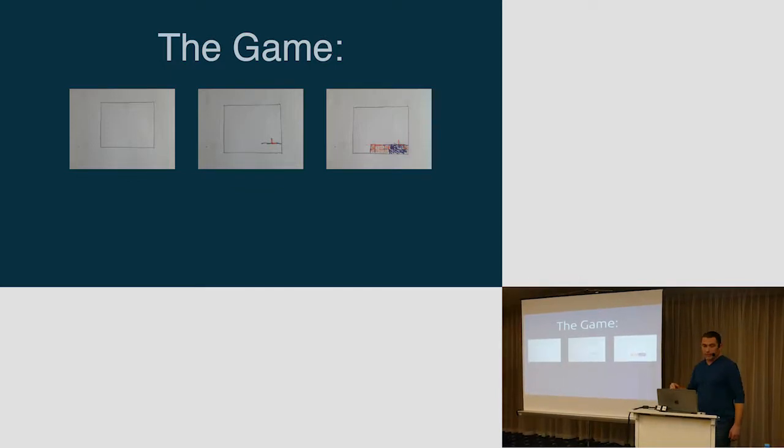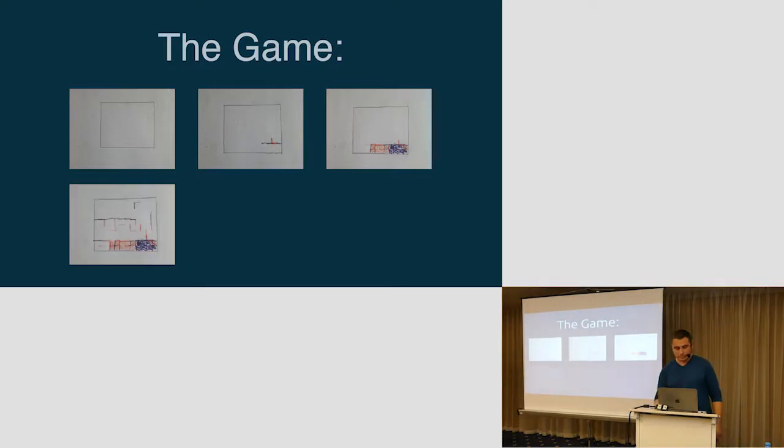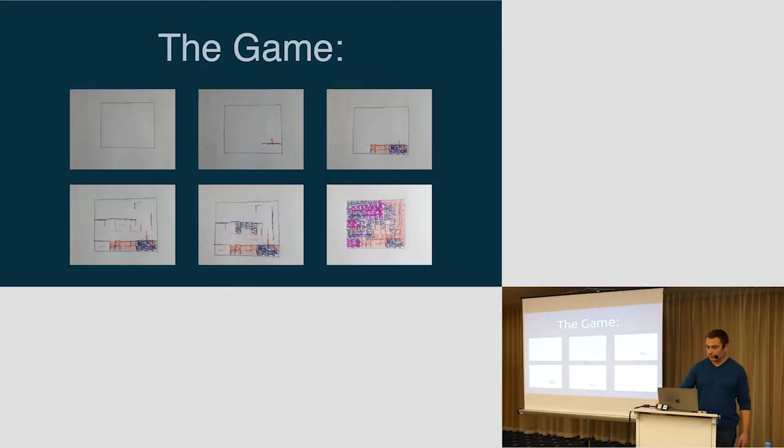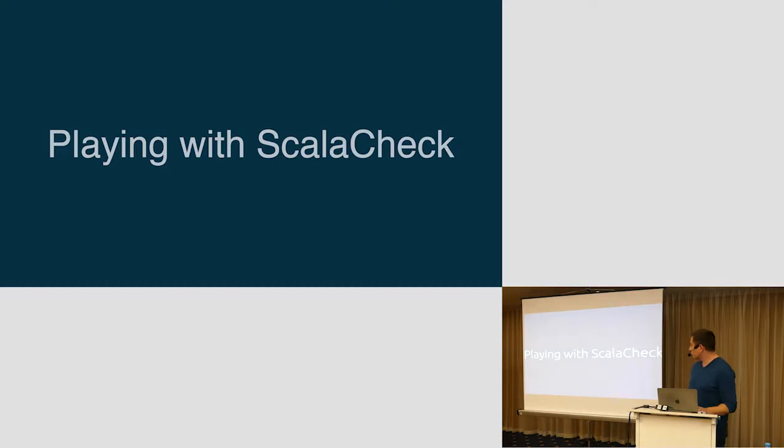Then it belongs to the player, and the player keeps the turn. So it goes until we have the playing field full, no empty cells, and the winner is whoever has the most of the cells. So I suggest we program this in the next 40 minutes using ScalaCheck.